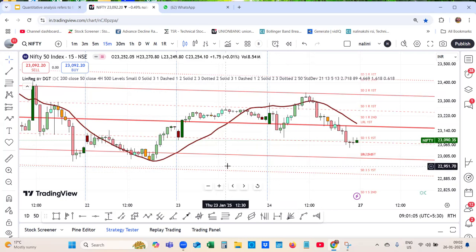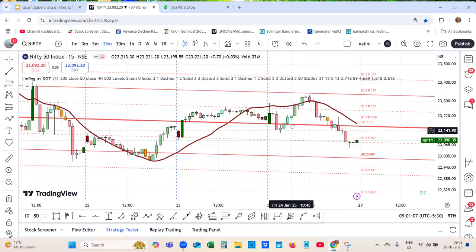You need to check with RSI, or you can apply Bollinger Bands to identify whether it is in overbought or oversold condition. You could have taken an intraday sell call by identifying this, and it started coming down.